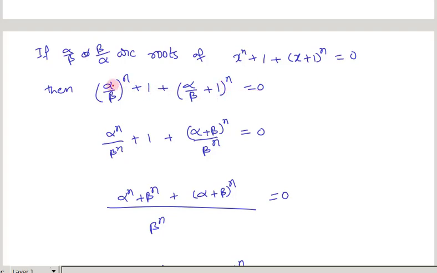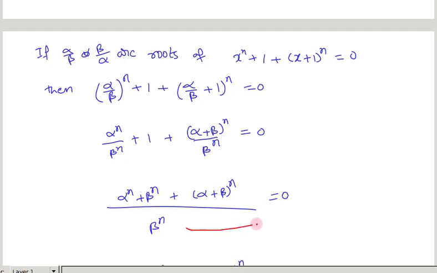Now, this power can be applied to numerator and denominator individually, so we can write it as alpha to the power of n by beta to the power of n plus 1 plus (alpha plus beta) whole to the power of n by beta to the power of n is equal to 0. On taking LCM, we can write it as alpha to the power of n plus beta to the power of n plus (alpha plus beta) whole to the power of n by beta to the power of n is equal to 0.